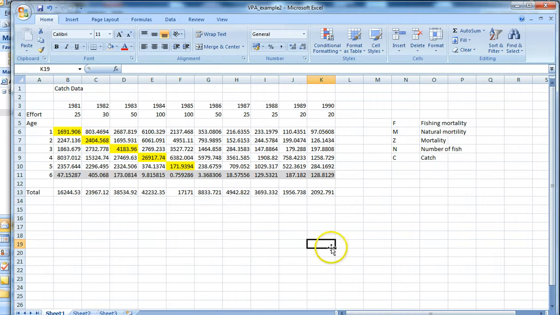If a fish lives for 100 years, it has a very low rate of natural mortality in the final years. If a fish only lives for 2 years, it has a really, really high rate of natural mortality. This fish lives for 6 years, so my guess would be it's going to have a natural mortality of something around 1/6.